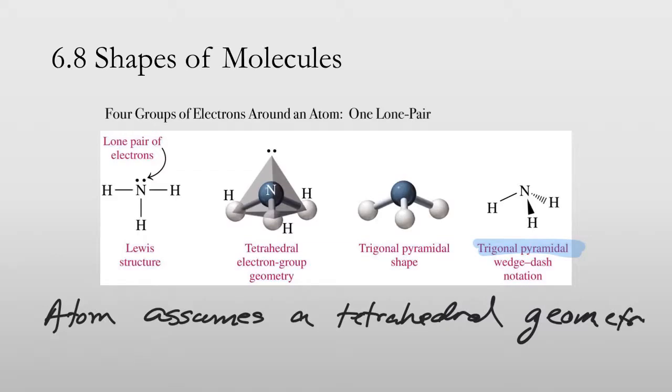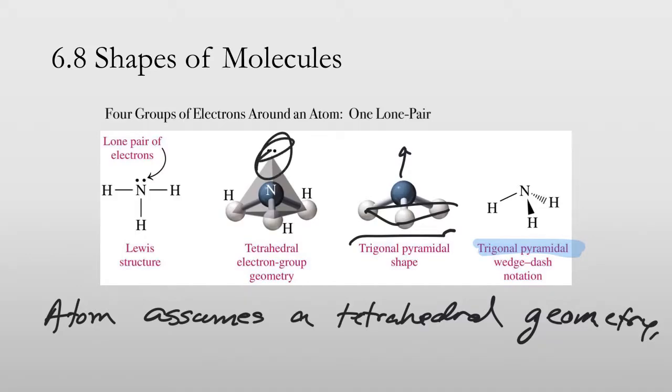But again, we don't include the electrons in the lone pairs, so we only look at the 3 atoms that are bonded to the central atom. And you can see from this picture here, the central atom is above the plane of the bonded atoms. And so it forms this pyramid.